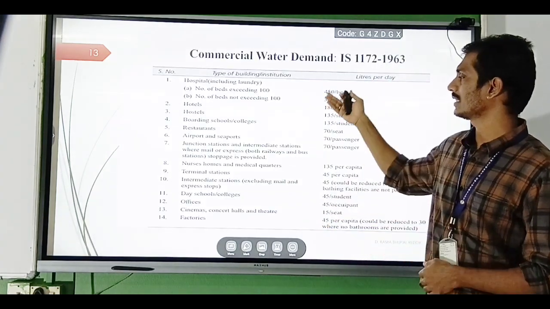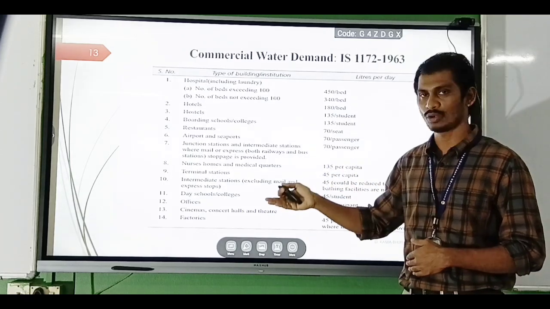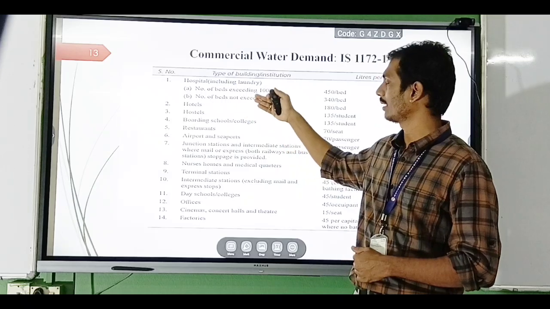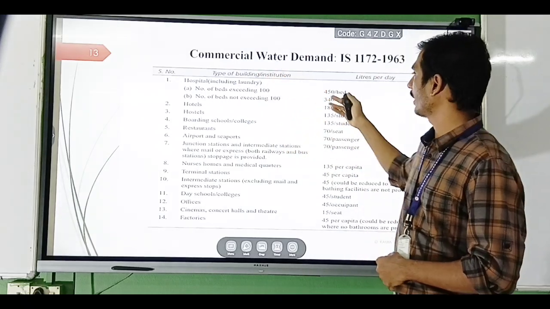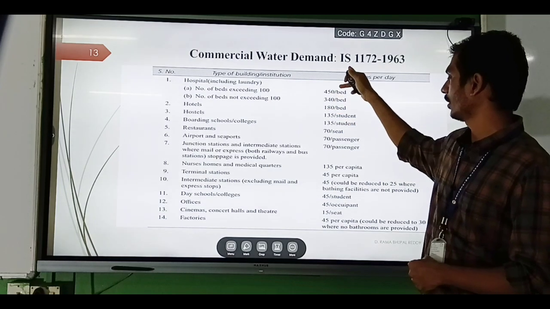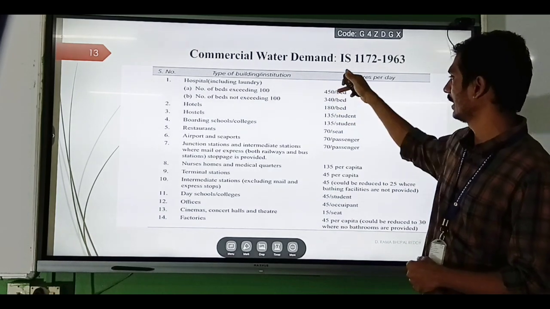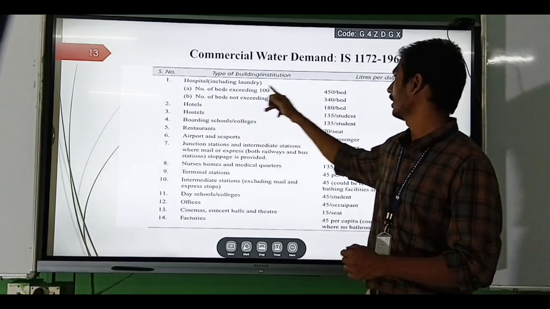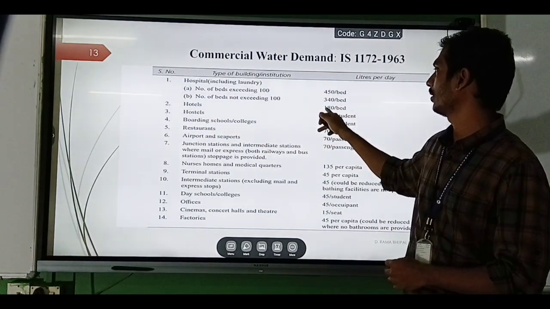Next, this is the general classification given by our code. In a hospital with more than 100 beds, for every bed you need to give 450 liters of water. The units you are seeing here are in liters per day. For hostels, for one bed it should be 180 liters.